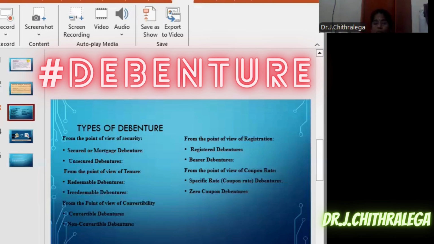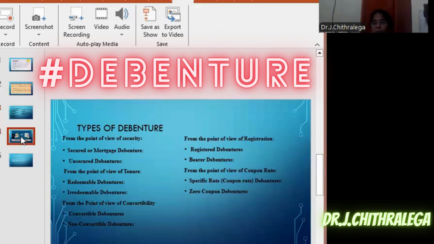Bond details: a 20-year zero coupon bond with a face value of rupees 10,000, where the purchase price would be, for example, 3,500, and the maturity period will be 20 years. The issuer pays the debenture holder 10,000 when the debenture matures. So these are the types of debentures.